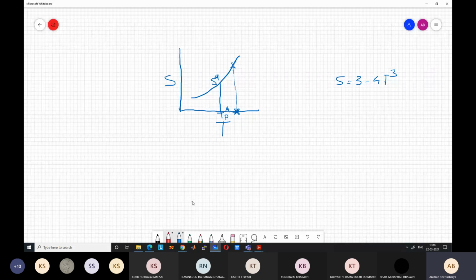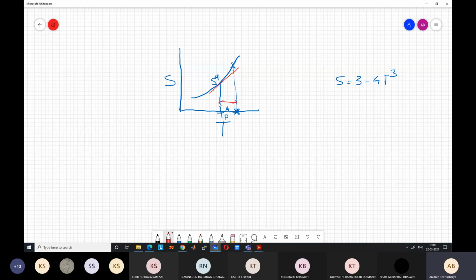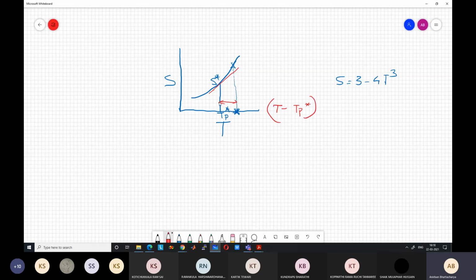So what we can do is find the slope at this point, and based on this difference, T minus Tp star, where Tp star is known and T is unknown, and based on this slope, we can find out this height also. So we can find the value at this point, and this is a better approximation as compared to this value.